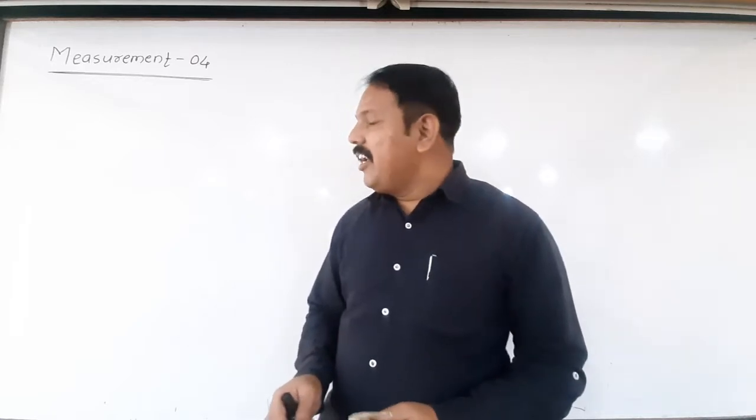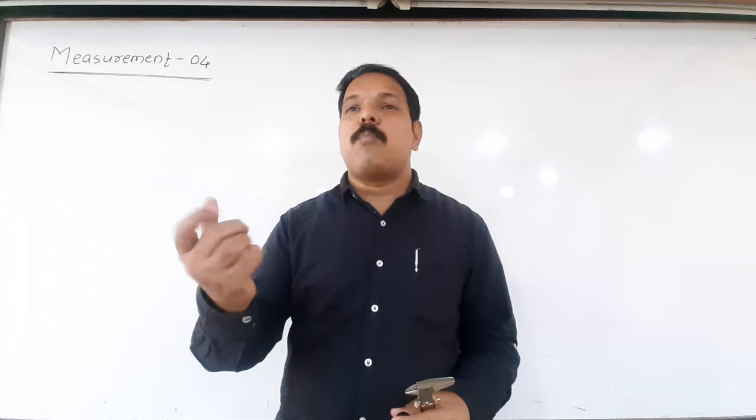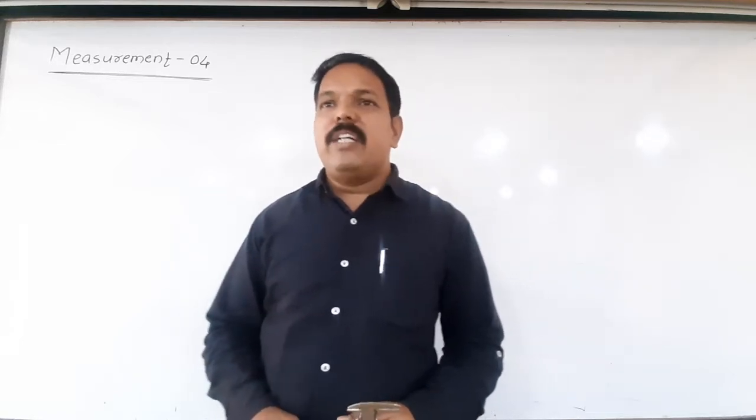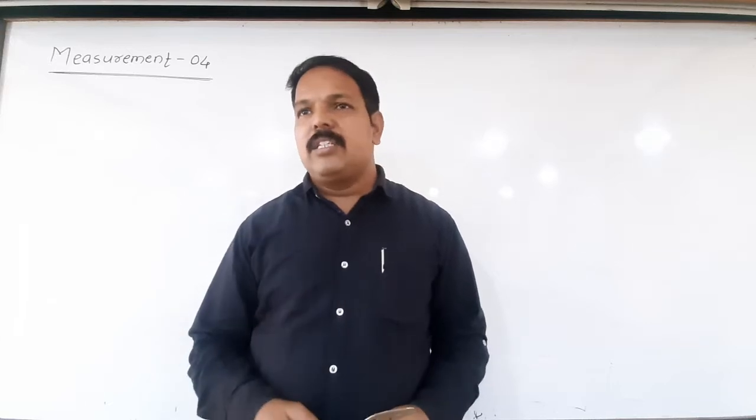Now in today's lecture we will see how to measure small lengths and which devices are used to measure them. Today we are going to study this important device used to measure smaller lengths. This device is called a vernier caliper.